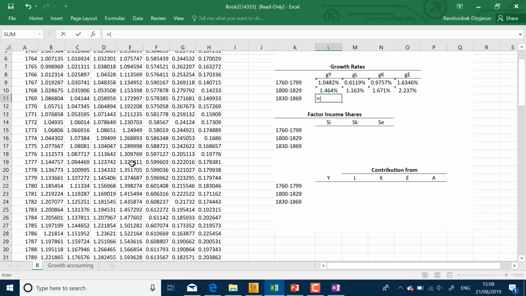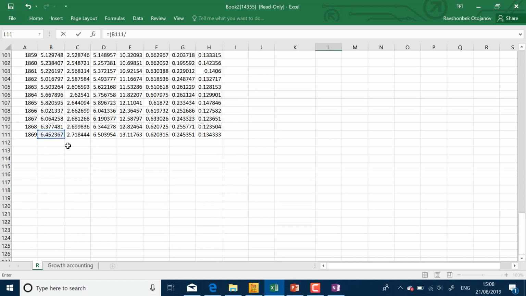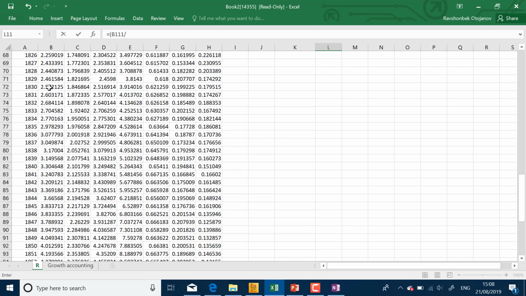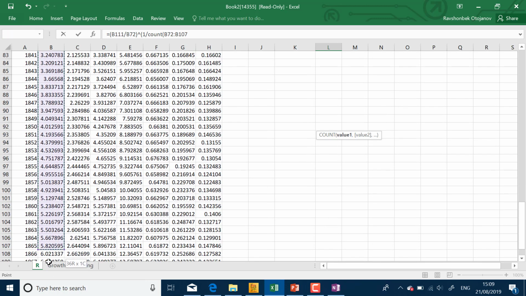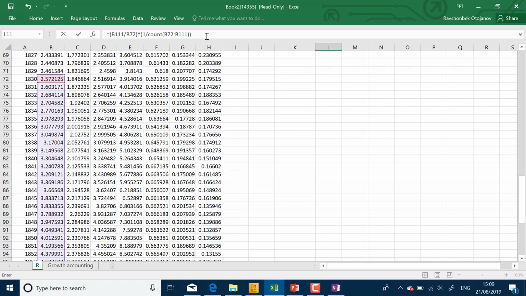So it's 1830 to 1869, so we go right to the bottom, 69 over 1830, and to the power 1 over, that needs to be in brackets just in case, 1 over the count function, and highlight these. The range here should be 40 years if I'm not mistaken, so that's it, and we take away 1 again.